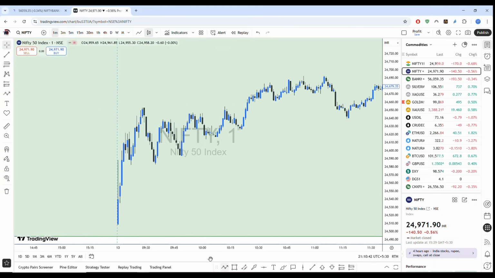Now when market came here, again, the main goal of any trader should be buy cheaper, sell costlier. Cheaper will not always be the cheapest. It will be a better price. So market came here, and once it came here, market started making higher highs.